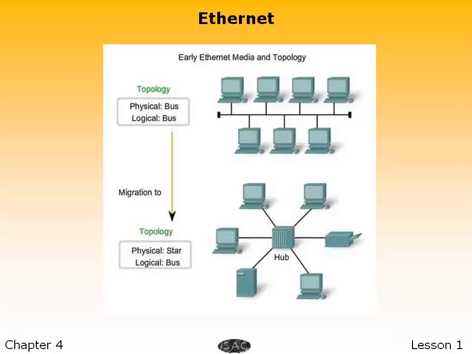Once repeaters with more than 2 ports became available, it was possible to wire the network in a star topology. Early experiments with star topologies, called Fibernet, using optical fiber were published by 1978.